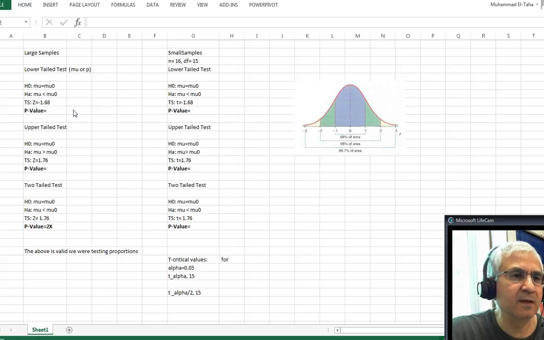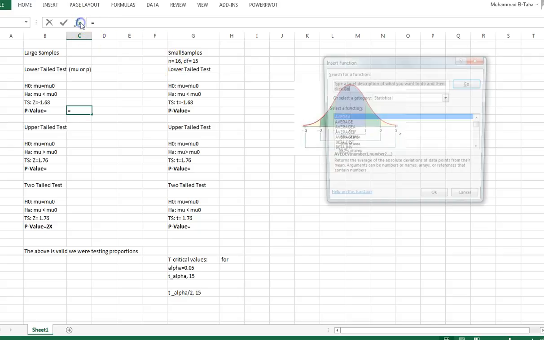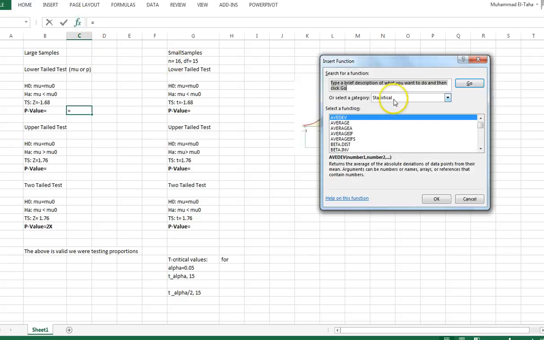So I want to put the value here, which is negative 1.68. I have a graph here, and the p-value is going to be the area under the curve in the lower tail. So I click on fx, go to statistical, and look at the corresponding function, which you can see in the homework assignment or in the PowerPoint presentations.